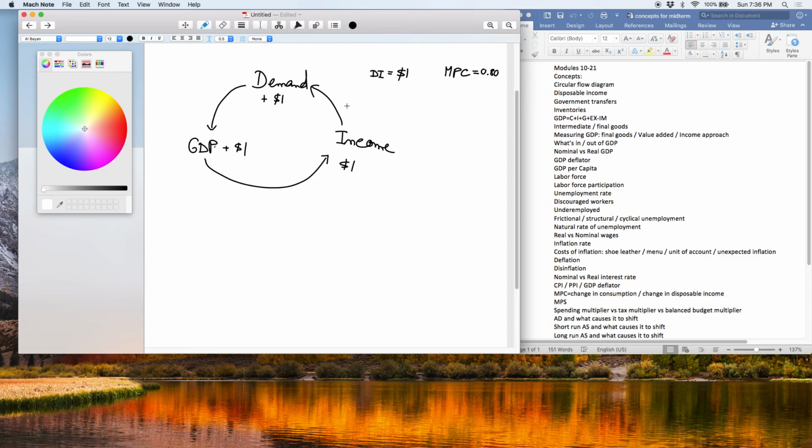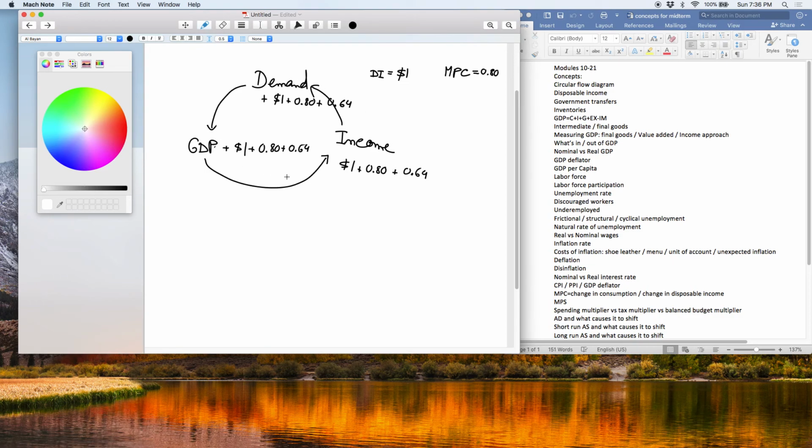But the dollar of income is income in somebody's pocket, so they're going to go out and spend 80 cents, which is going to create 80 cents worth of production, an additional 80 cents worth of income. That income is in somebody else's pocket. How much are they going to spend of it? 80% of 80 cents is 64 cents, and so on. Okay, and you keep going until you have nothing left.